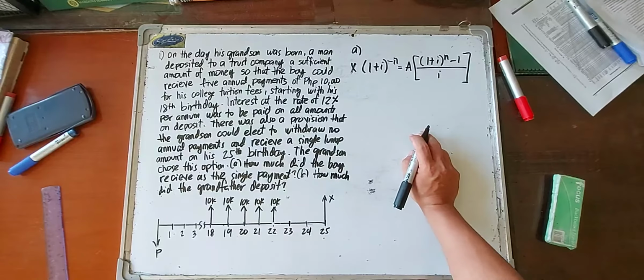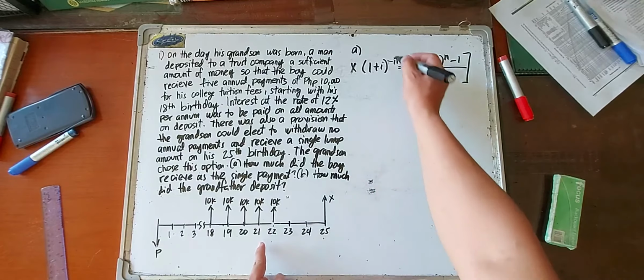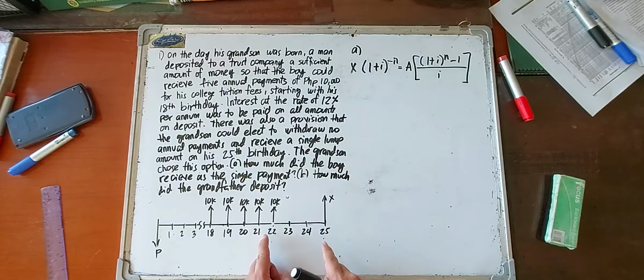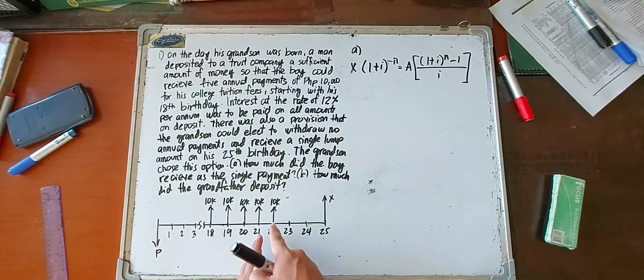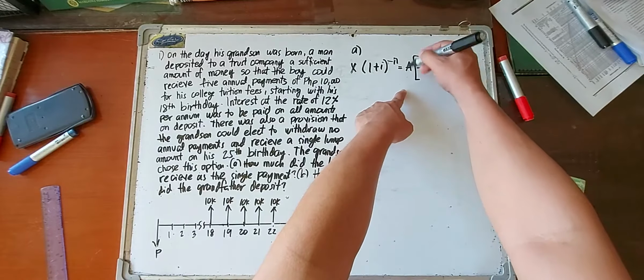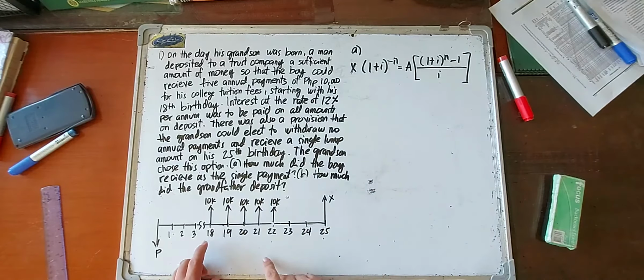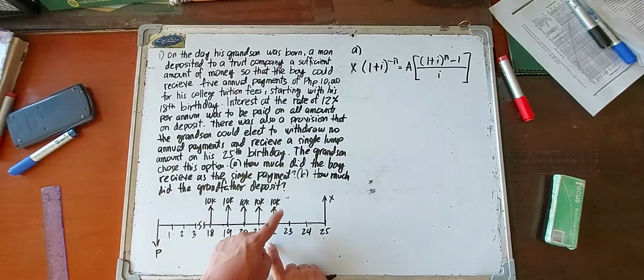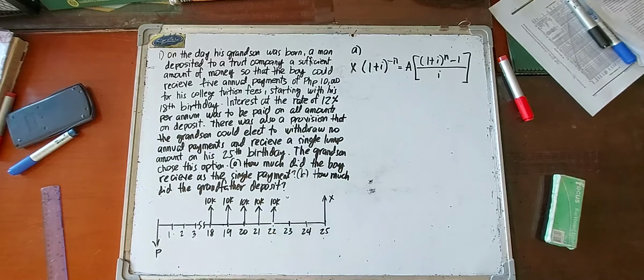Again, this equation is when we solve for the value of x on the 22nd year, and this term defines the value of these periodic payments on the 22nd year.